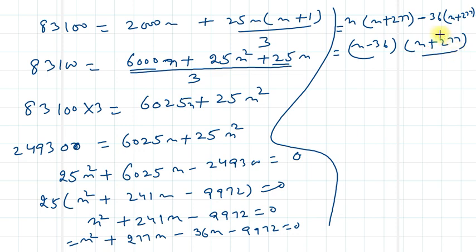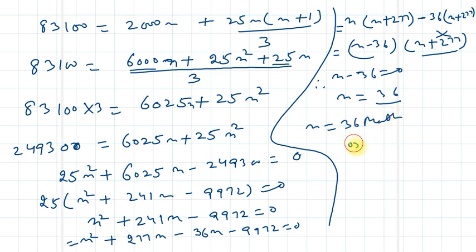So n plus 277 is positive, this we can neglect it. Therefore n minus 36 equal to 0, so n equal to 36 months, or 36 upon 12 equal to 3 years.